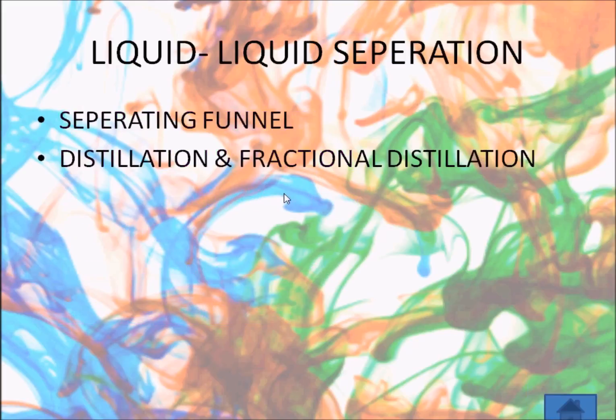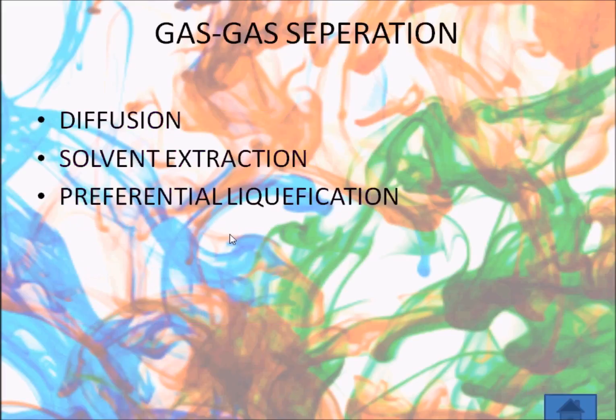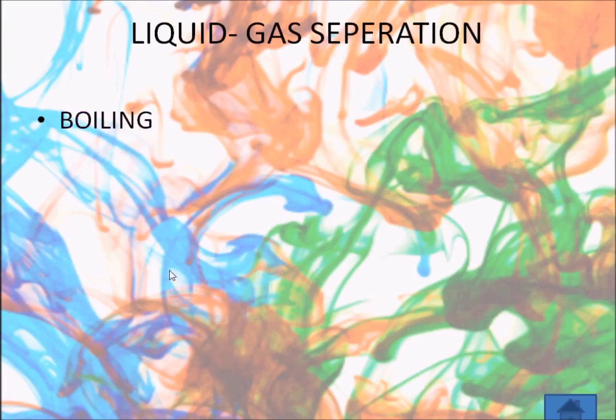In liquid-liquid separation, we have the separating funnel, distillation and fractional distillation. In gas-gas separation, we have three methods: diffusion, solvent extraction, preferential liquefaction. In liquid-gas separation, we have only one method, which is boiling.